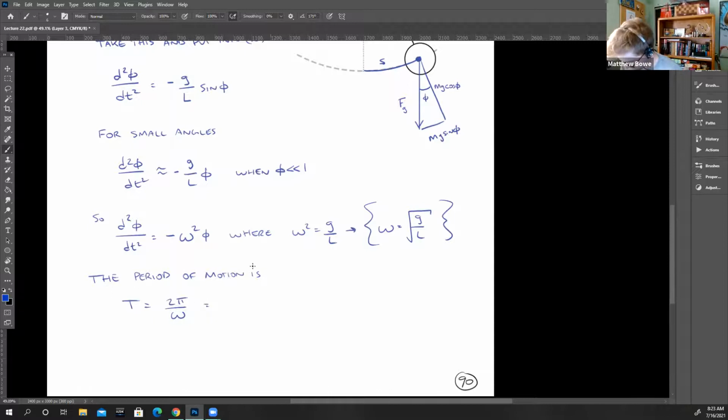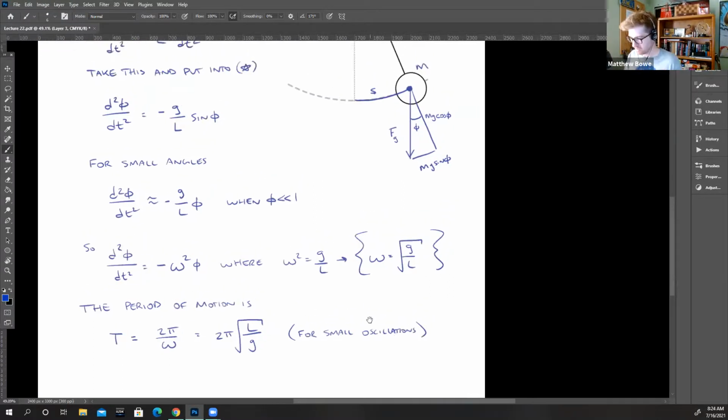And since we sort of just solved for this, 2 pi square root of L over g. And I'll say over here for small oscillations. Now, this is pretty much the result we wanted.